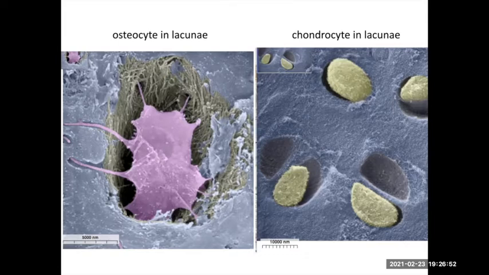When you see the word osteo, you've got to think bone, because bone is actually osseous tissue. So if you see the word osteo, it has something to do with bones. Maybe it's an osteocyte, maybe it's an osteoblast. Whereas chondro is going to refer to cartilage.